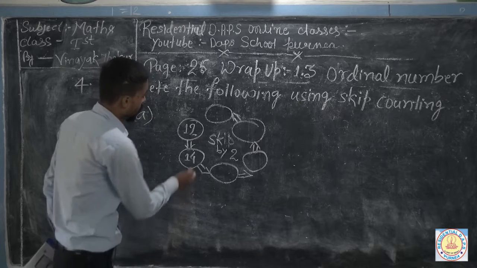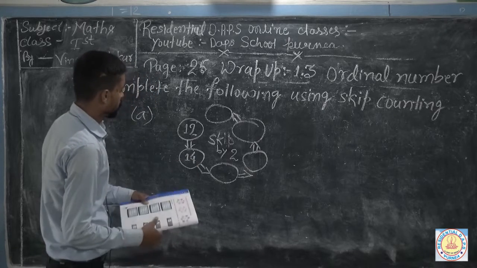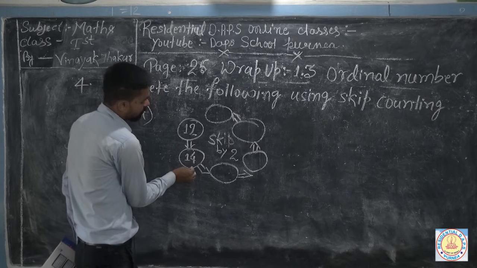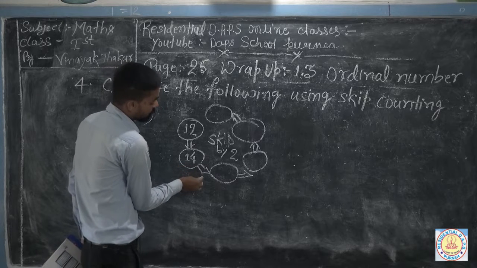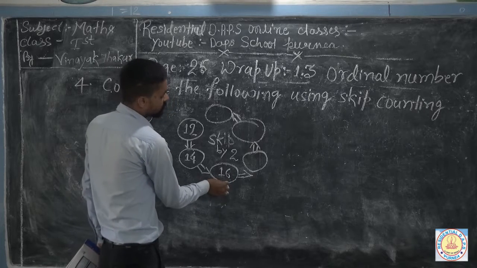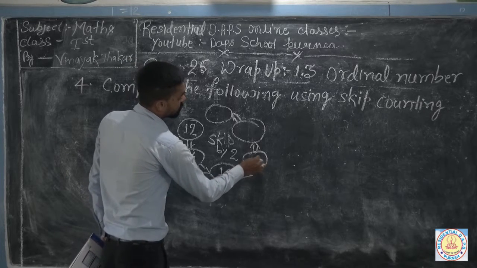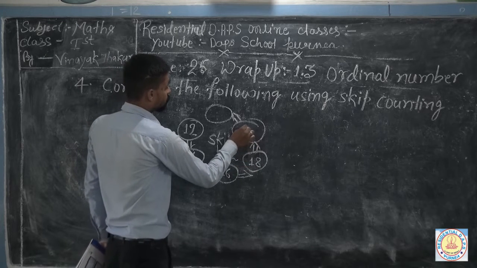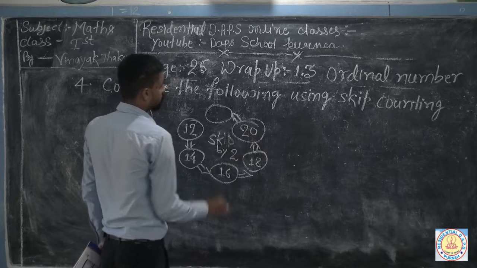You can also add to solve your number, or if you add 14 plus 2, then your next number comes up 16. Then you add 16 plus 2, then your next number comes up 18. If you add 18 plus 2, then your next number comes up 20.